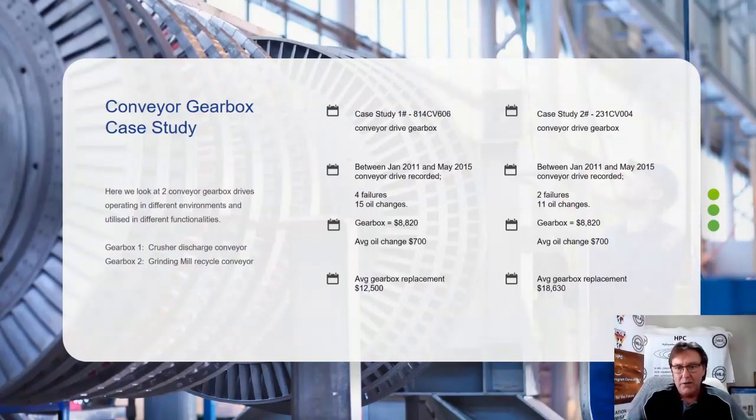Again, gearbox value and oil change values are the same, but the average gearbox replacement is $18,630. Case study number 2 had a criticality rating of 1, whereas case study number 1 had a criticality rating of 3, because of the redundancy in that part of the circuit.